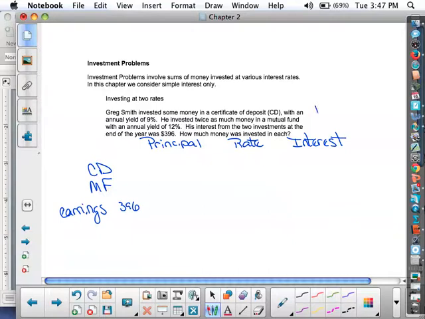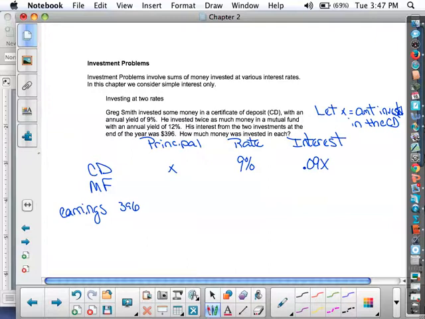We're going to say let x equal the amount invested in the CD. So that's x. The rate of what was invested in the CD was 9%, and therefore the amount of interest earned would be 0.09 times the amount of the principal, so 9% of the principal.